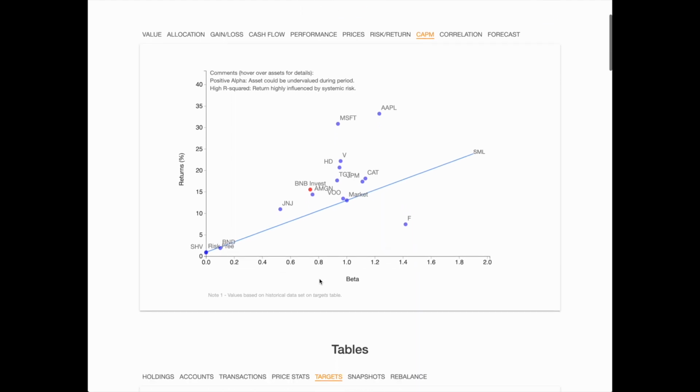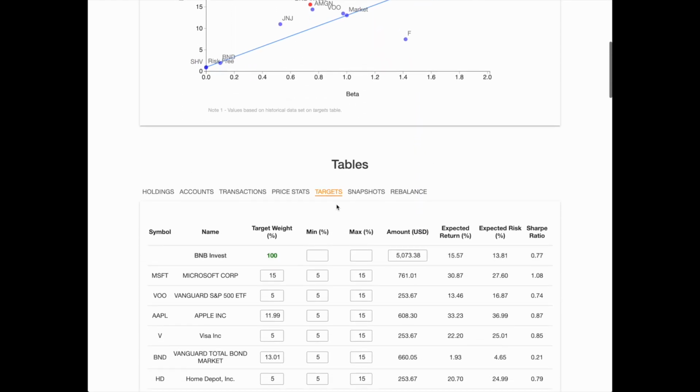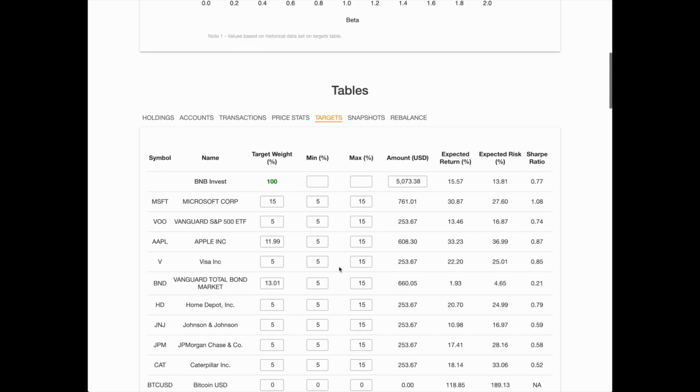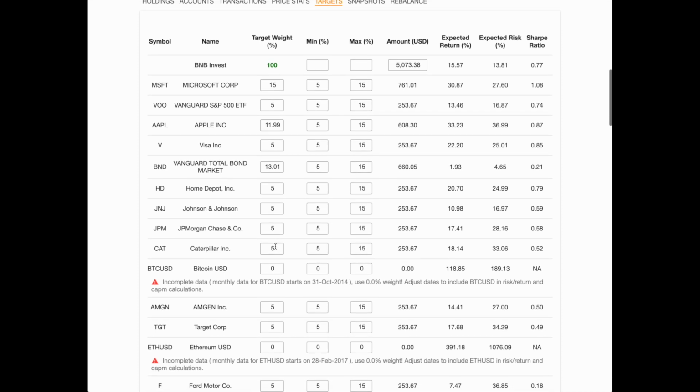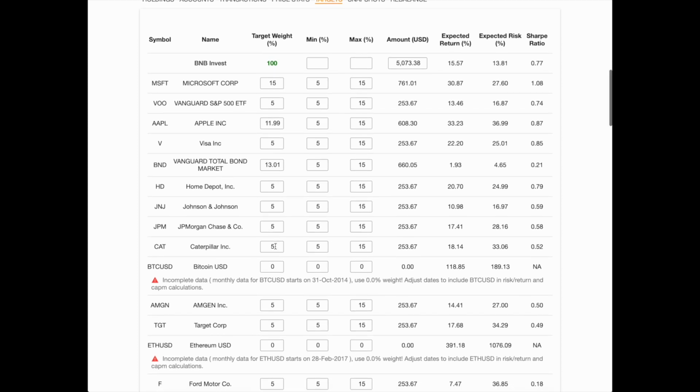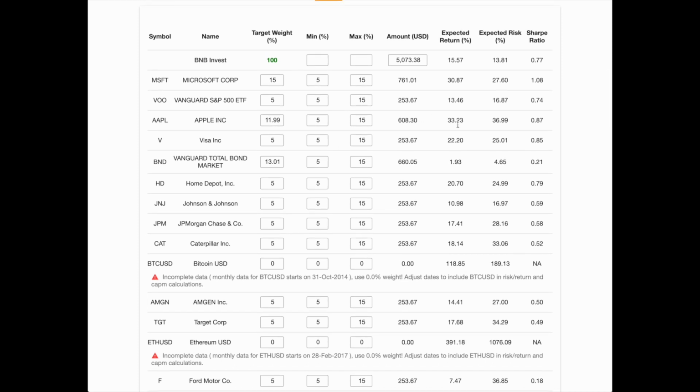So I'm going to scroll down to the table section. Here's the targets table, and we see the current target allocation for the portfolio. It's important to say that we are considering historical data when calculating expected return, risk, and all the metrics on this table and also on the CAPM graph.